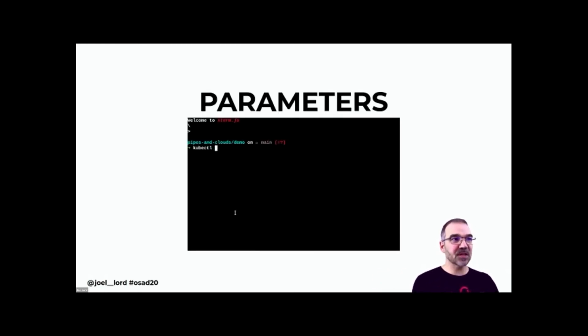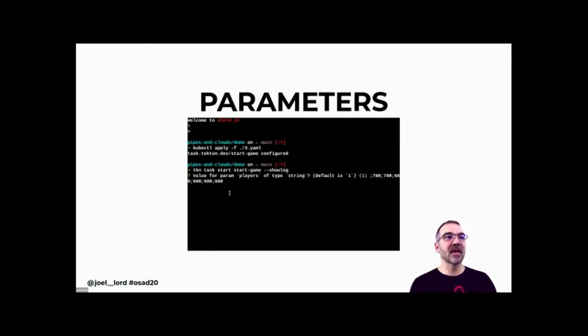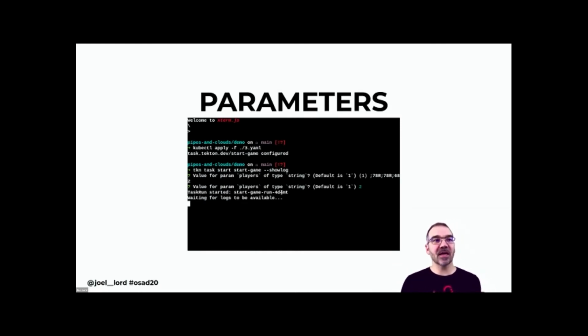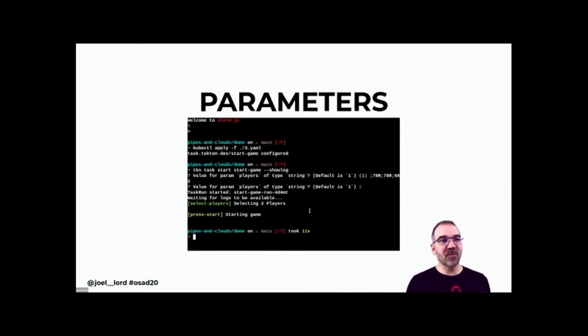So what does this look like? kubectl apply. Third one. And let's start this task again. tkn task start game, show log. All right. So value for parameter players. Let's say 2 players. And you can see value is 2. And we should see pretty much the same output as before, but now we have selecting 2 players and starting game.